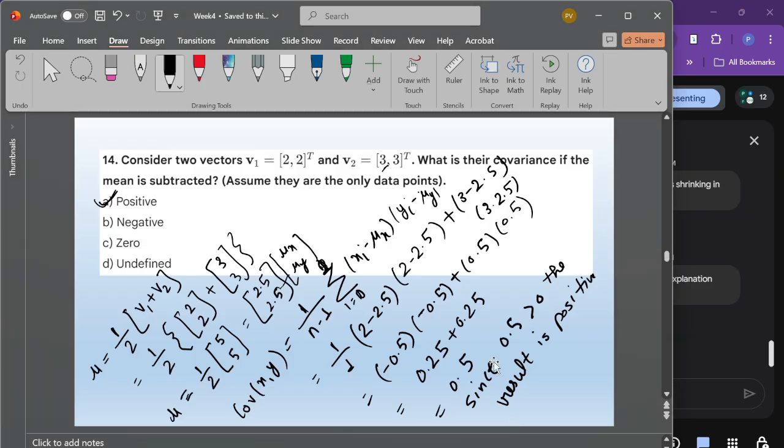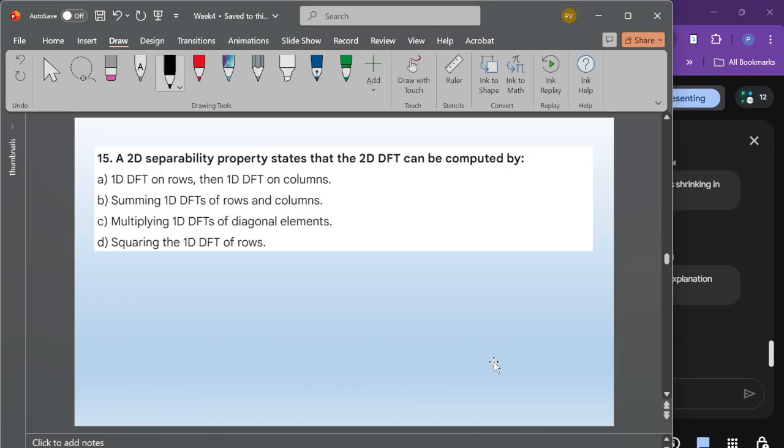Okay, so now moving to our next question. A 2D separability property states that the 2D DFT can be computed by? Option A is 1D DFT on rows and then 1D DFT on columns. Option B, summing 1D DFTs of rows and columns. Option C is multiplying 1D DFTs of a diagonal element.